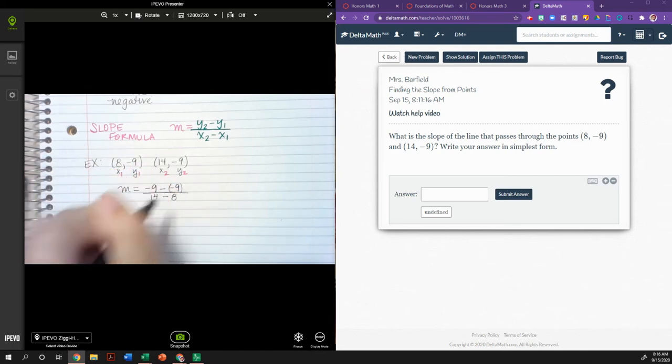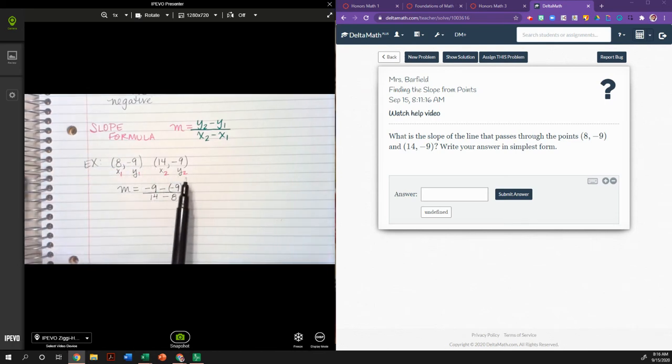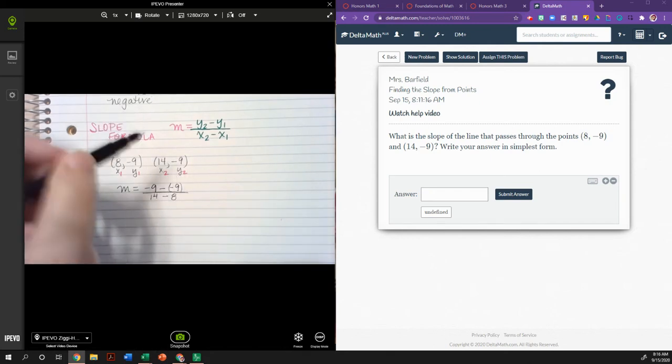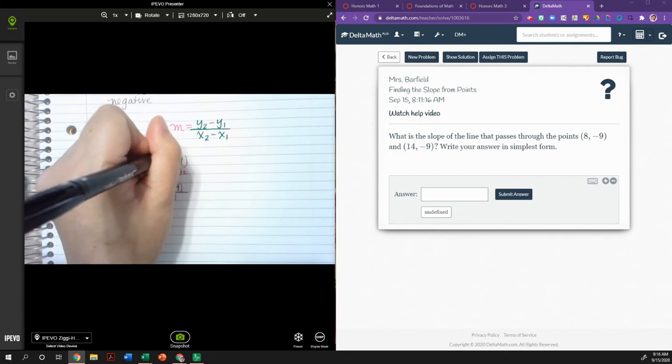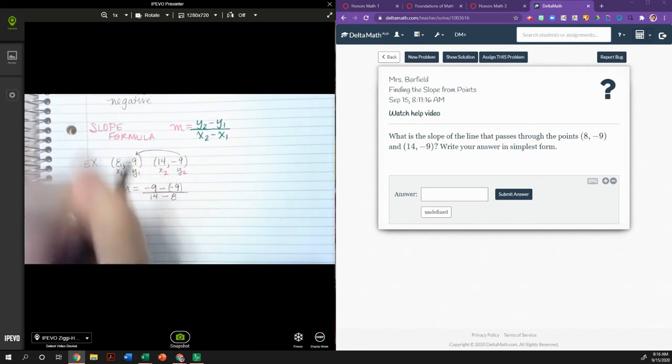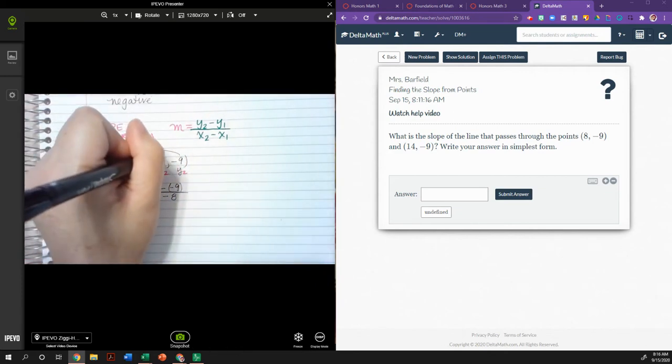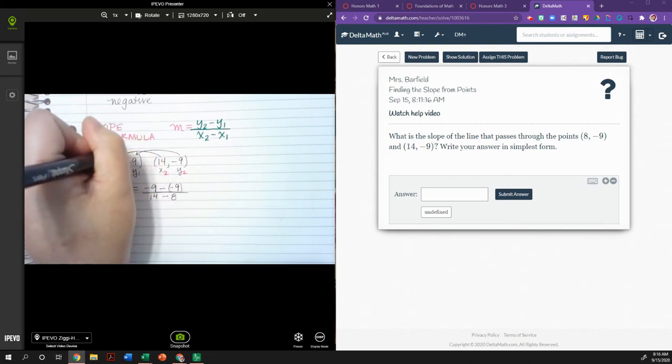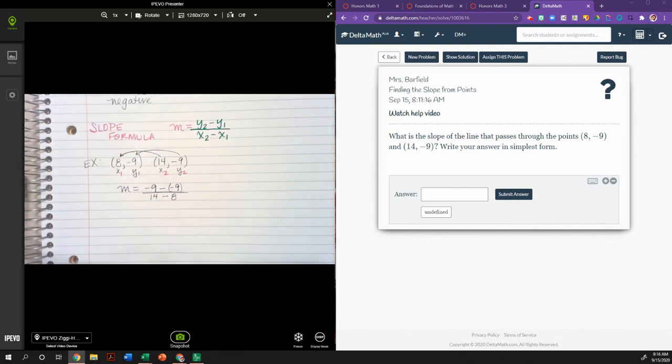Now, it's important to know that it doesn't matter which point is x1, y1 and which is x2, y2. What matters is that if you do -9 minus -9, you come from the same point and subtract.